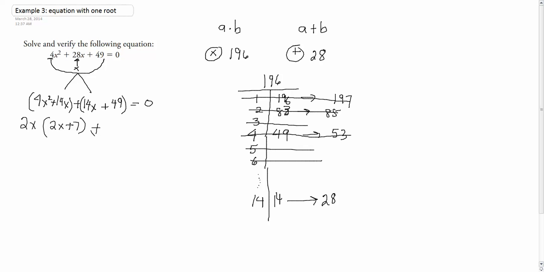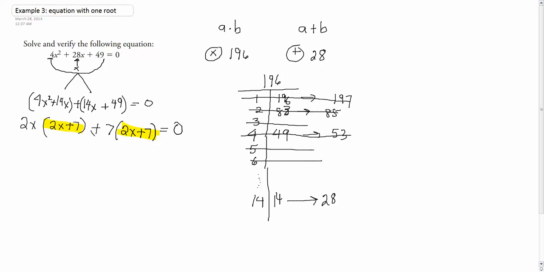Again, we're looking for our greatest common factor, and that's going to be 7. When we factor the 7 out, we're left with 2x plus 7. And all of that equals 0. Now, when we're factoring by decomposition or by grouping, we know that we've done it correctly when our two remaining binomials are identical.